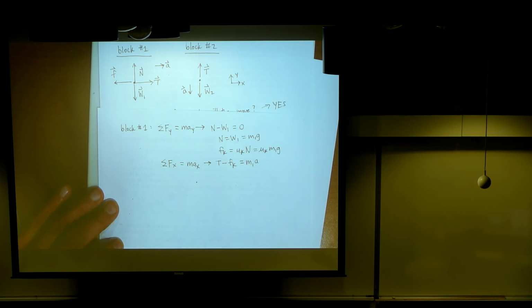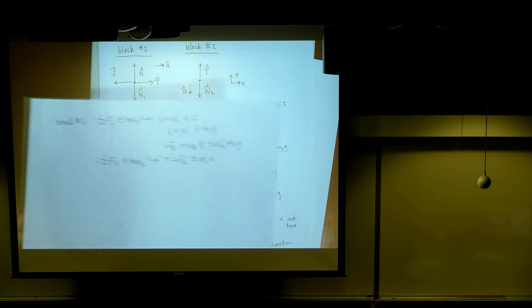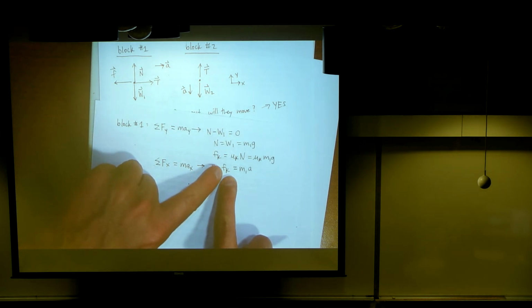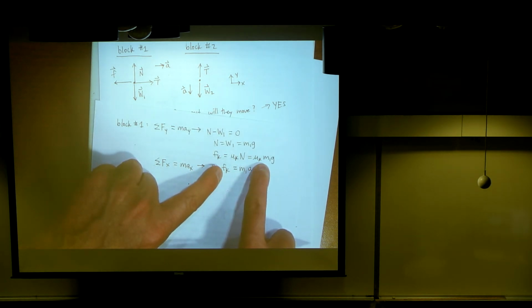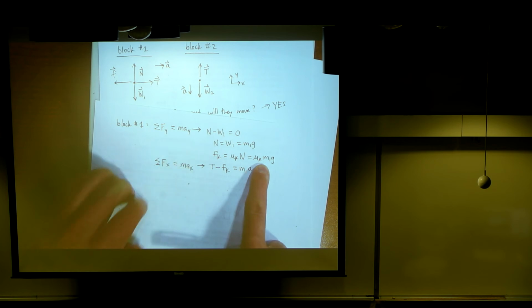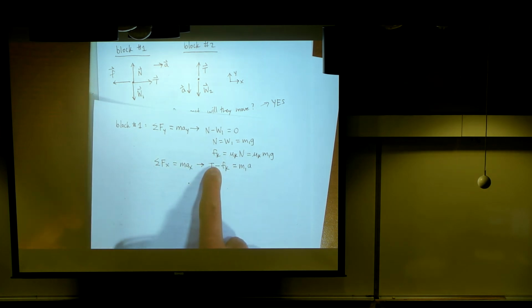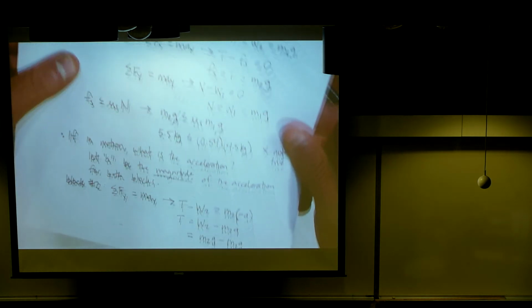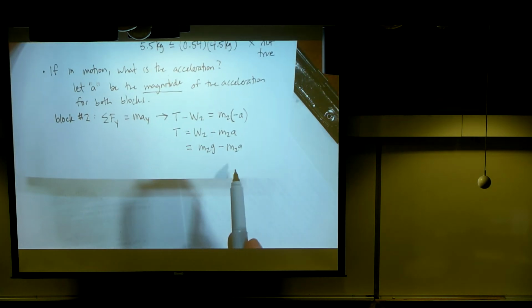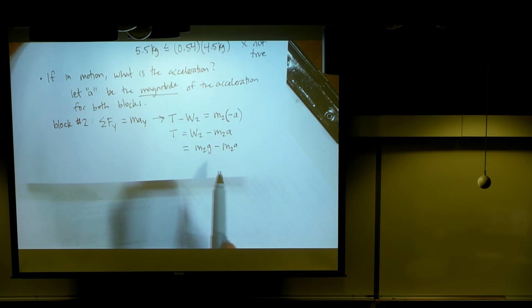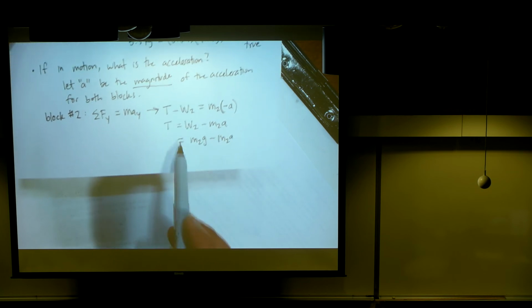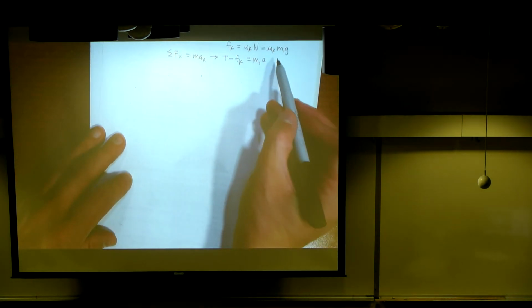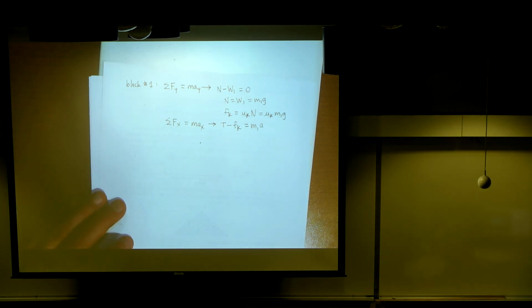So now we're going to make some substitutions. Fk, that's right here. We have an expression for it already. T, my tension, remember we developed an expression for that over here. So you should already have this on the page. I'm just making those substitutions. This is subbed in for the tension, and this is subbed in for the kinetic friction.